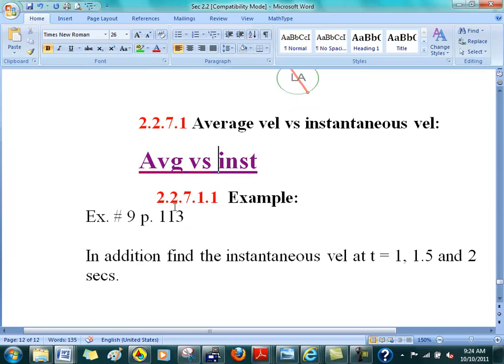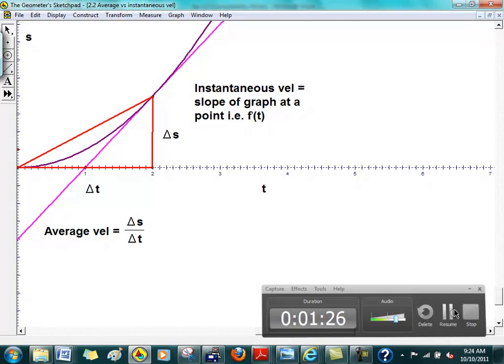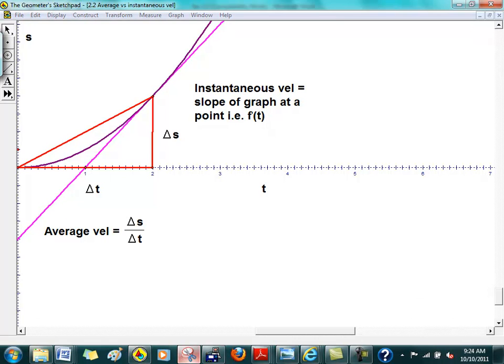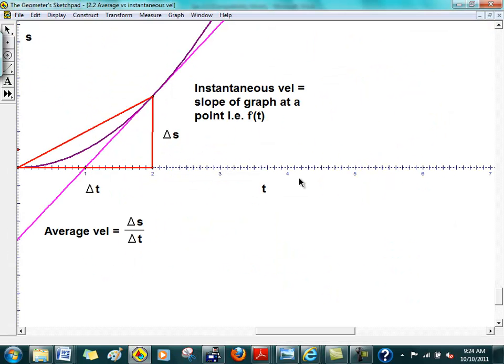So we want to talk about two concepts today, okay? Average velocity and instantaneous velocity. So take a look at this graph here. Formulas in here.